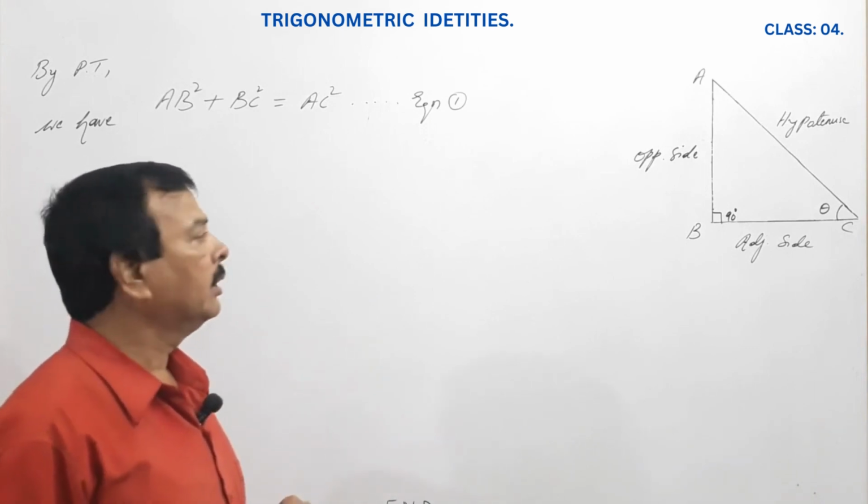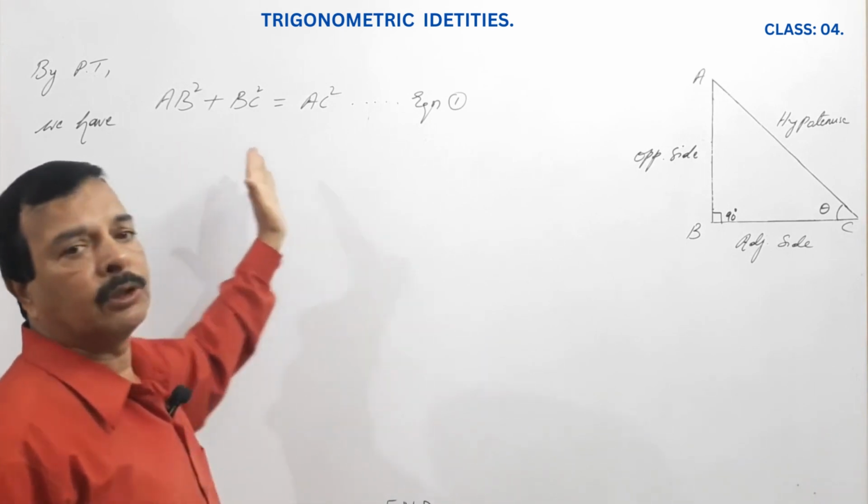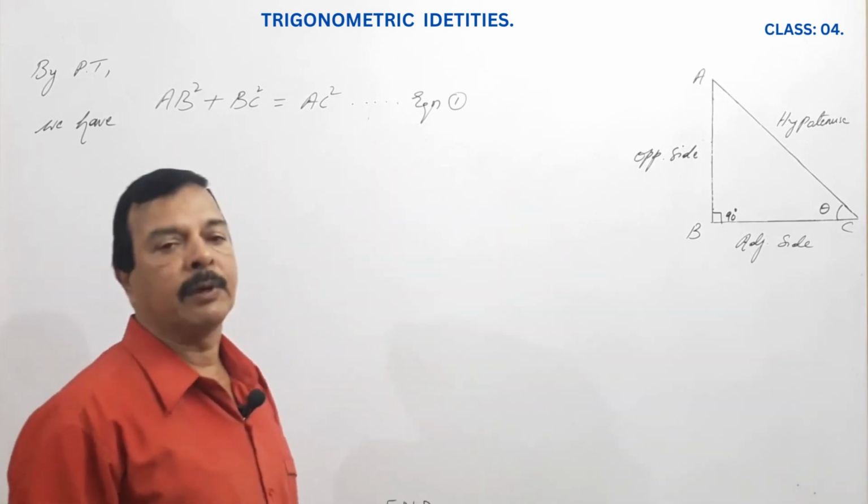What I will do is, I will divide this equation throughout by AB square.